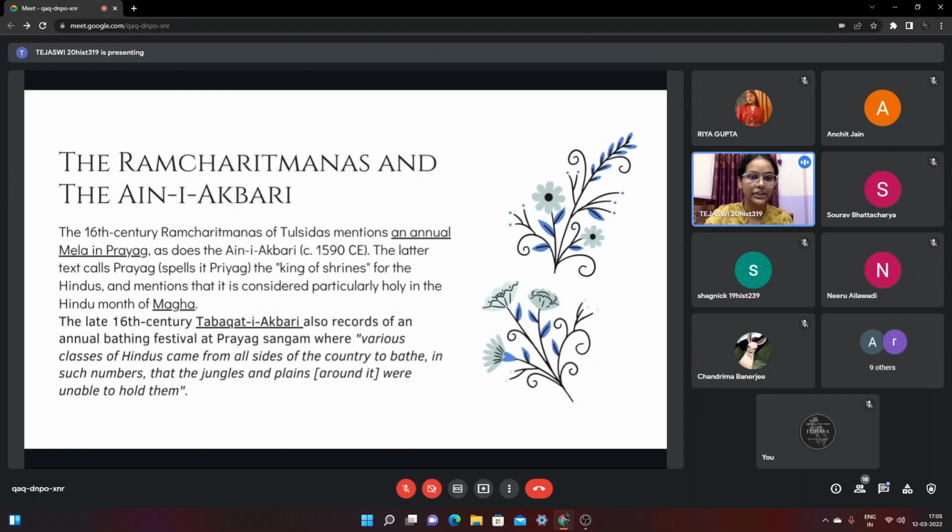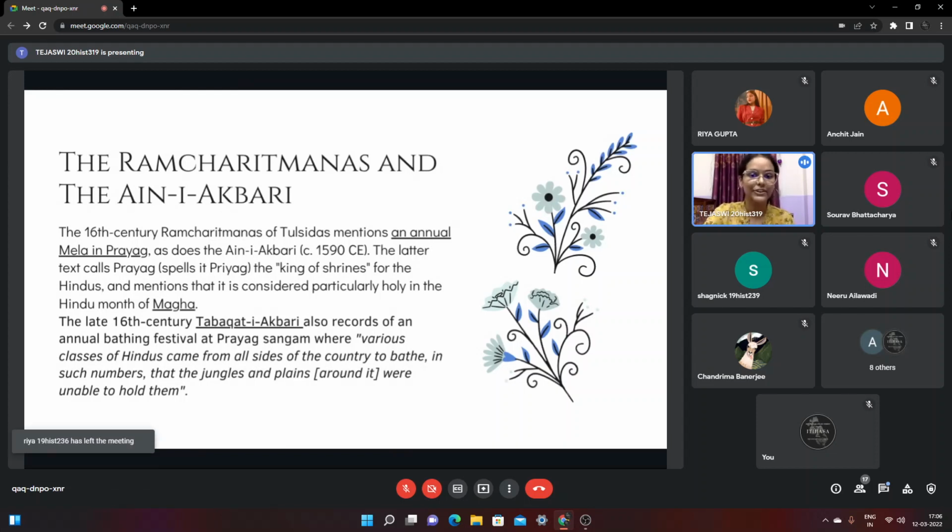Ramcharitmanas of Tulsidas mentions an annual Mela at Prayag, but it does not mention Kumbh as the name of the Mela, and so does Ain-i-Akbari. But the question of it being a Kumbh strikes itself away when we read the Tabaqat-i-Akbari, where it is written that various classes of Hindus come from all sides of the country to bathe in such numbers that the jungles and plains around it were unable to hold them.